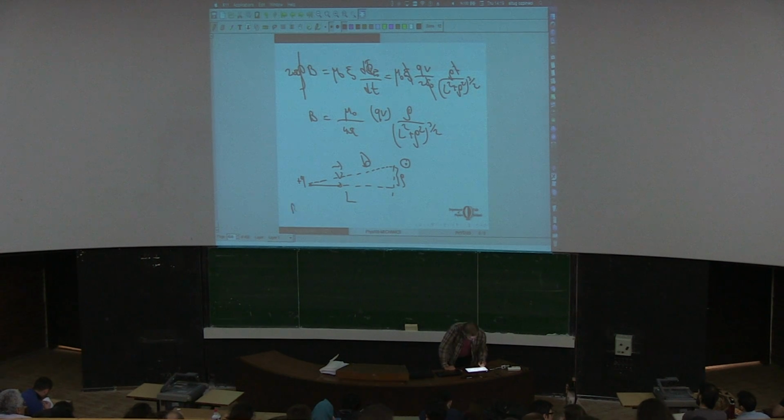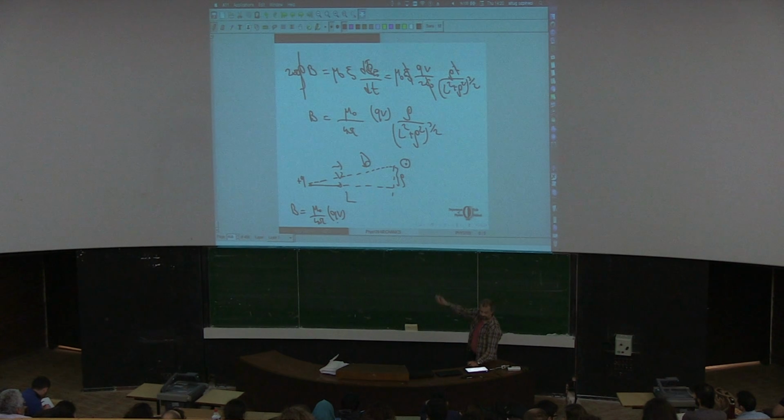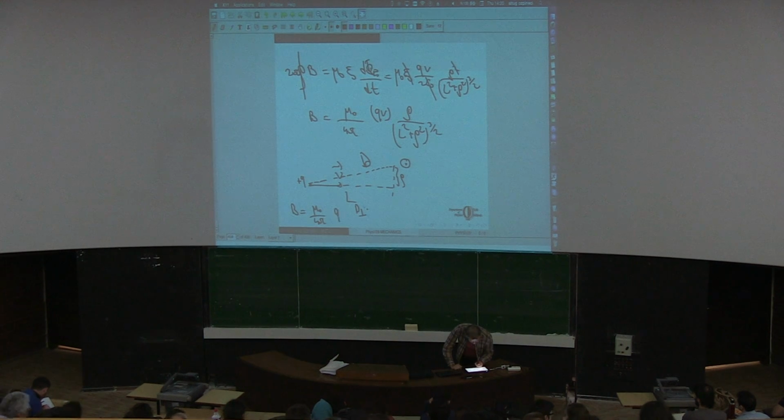So B is equal to mu0 over 4 pi QV times the component of D perpendicular to V. Let's call it D perp, times 1. Now, let's do it right. Q times D perp V divided by D cube.